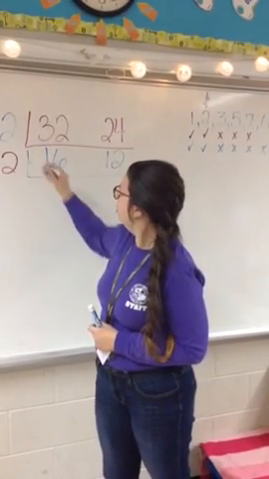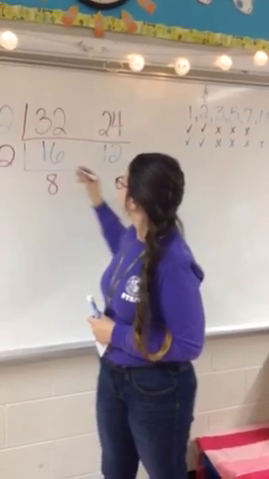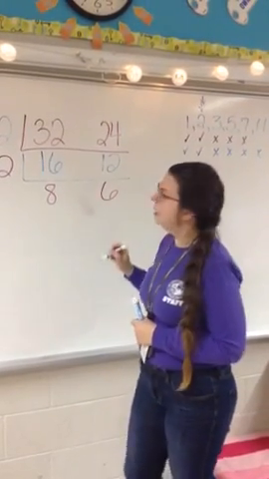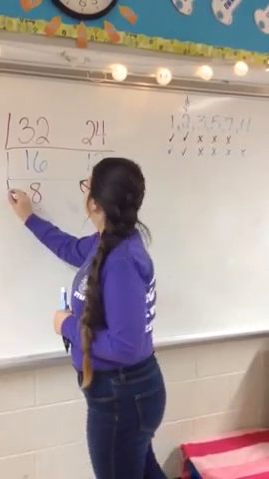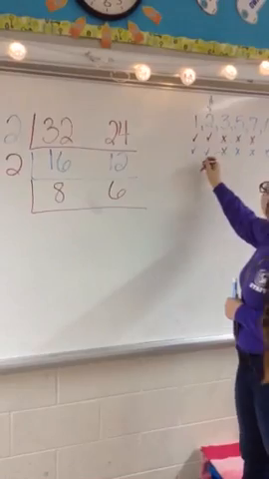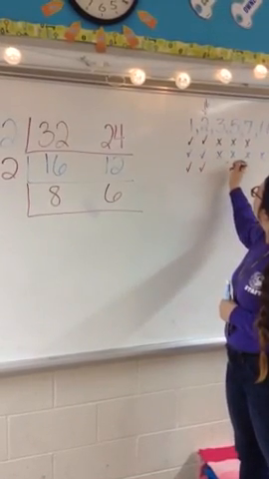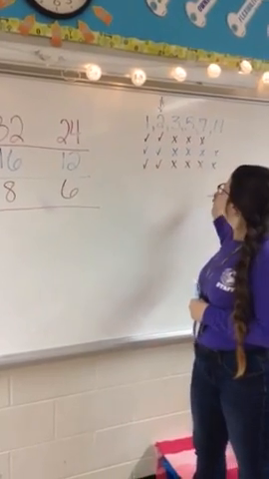16 divided by 2 equals 8. 12 divided by 2 equals 6. We're going to continue the process exactly the same. So now I'm looking at the prime numbers for 8 and 6. 1, 2, not 3, not 5, not 7, not 11.